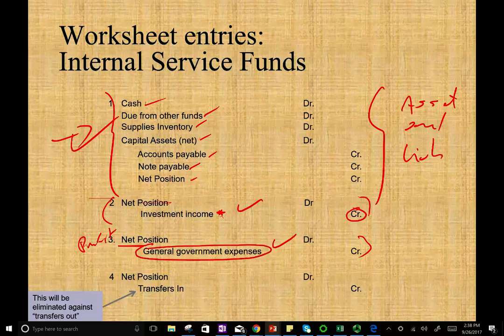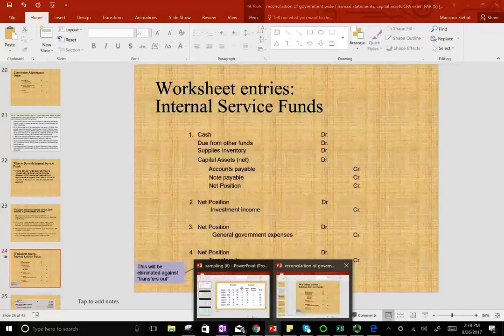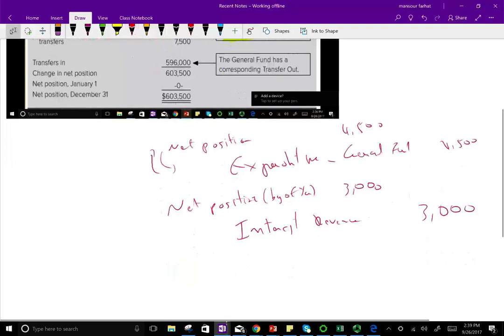Now bear in mind, if we had interest expense rather than interest income, this entry would be the opposite: debit interest expense and credit net position.